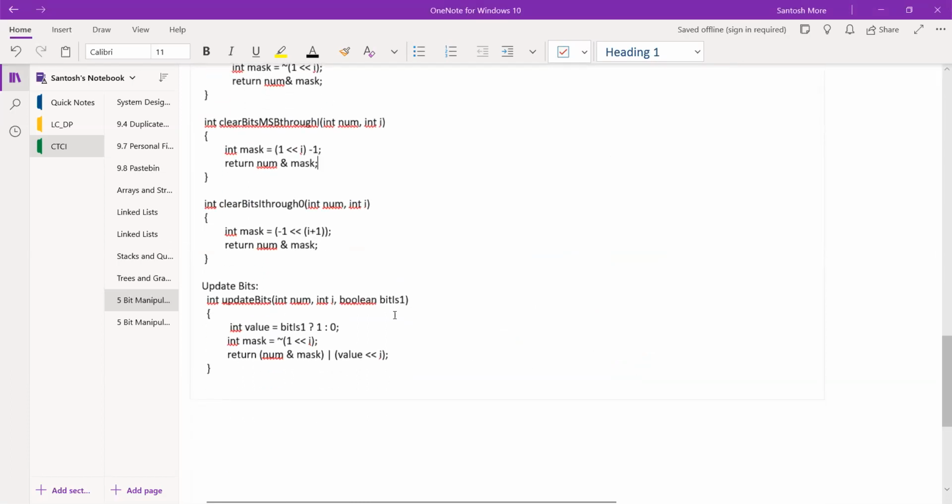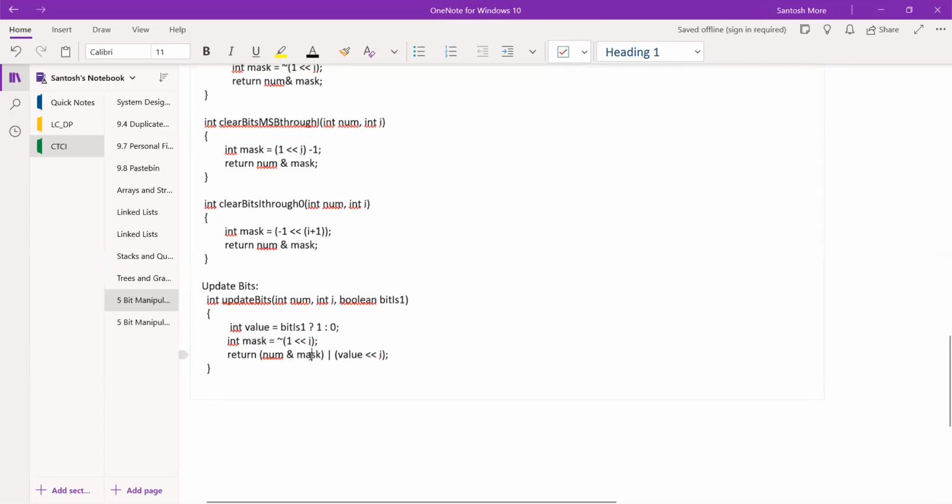And the last one talks about updating bits. So if we are given a number and an index, how do we update a bit? Whatever the value of this bit is, you set that value. If it is true or false, then you set the value to 1 or 0, then you form a mask.